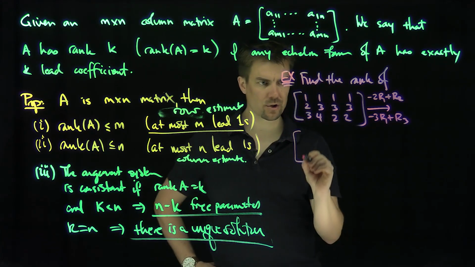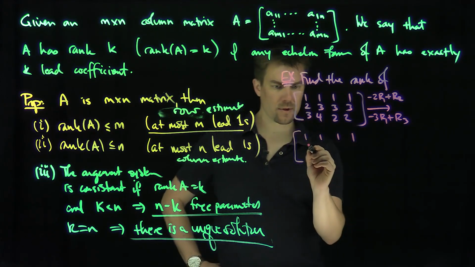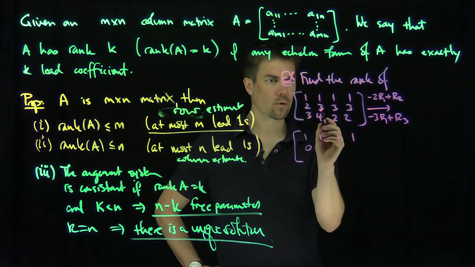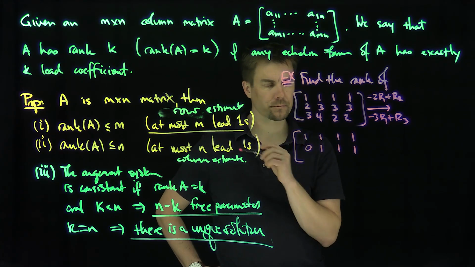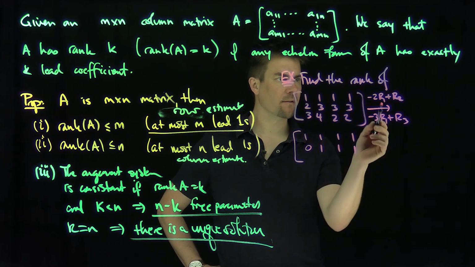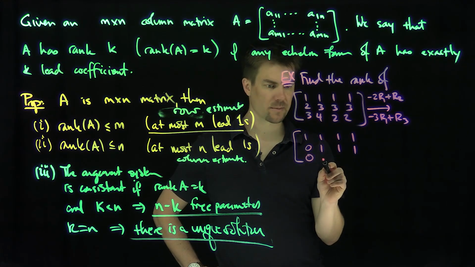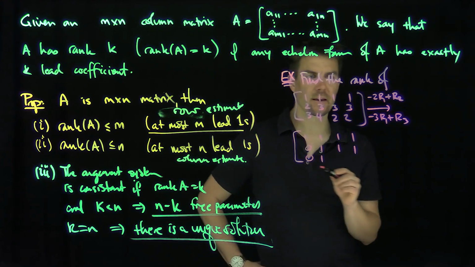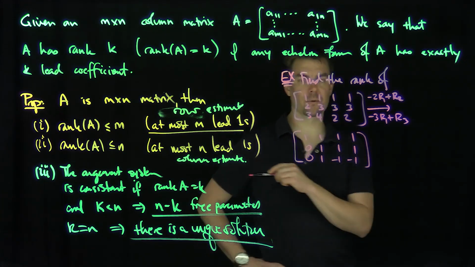If we do this procedure, we'll have 1, 1, 1, 1 on top. Then we zero out the 2, and the rest of that row turns into 1, 1, 1. Then negative 3 row 1 plus row 3 gives a 0 over here, then a 1, then a negative 1 and a negative 1. That's what we get when we reduce this.